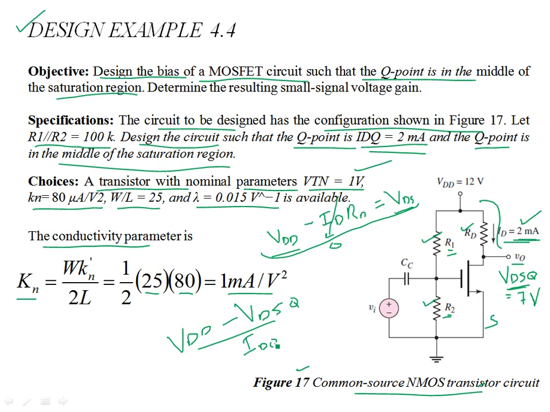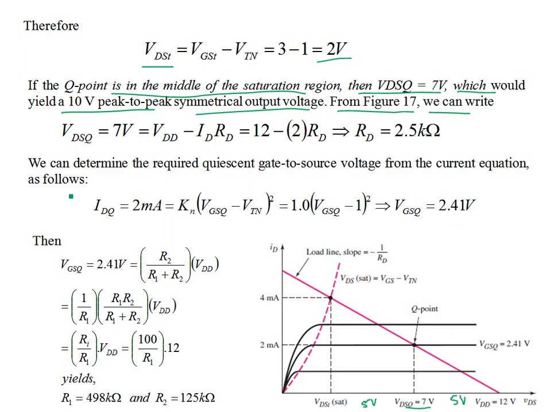IDQ is 2 milliamps, VDSQ is 7 volts, VDD is 12 volts, so everything is known. I can have the drain resistor RD as about 2.5 kilo ohms.